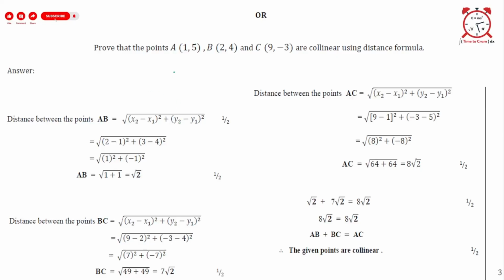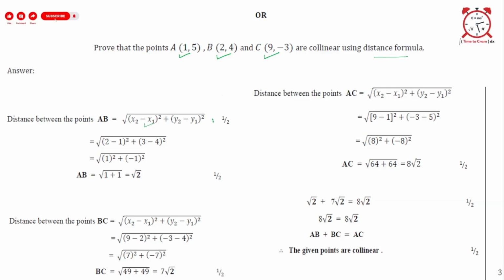Prove that A(1, 5), B(2, 4), C(9, -3) are collinear using the distance formula. We know the distance formula. What is the distance formula? Square root of (x2 minus x1) whole square plus (y2 minus y1) whole square.